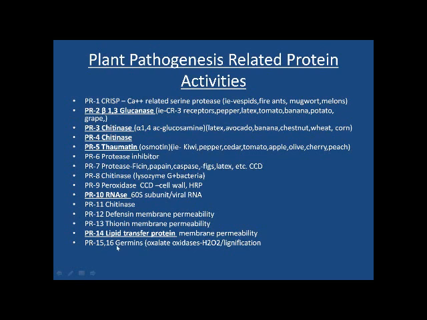There's 15 to 16 of them defined. But the main ones, again, are the beta-1,3 glucanase, the chitinases, 3 and 4, and thaumatin. Once a plant can digest the cover off of a mold, then thaumatin is an osmotin which can puncture its cell membrane and allow leakage and do damage to the mold.